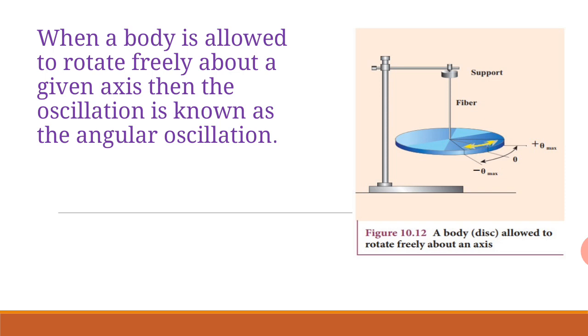This disc is allowed to rotate, and theta is the mean position. It will rotate by a positive amplitude as well as a negative amplitude, denoted by theta max and theta minimum. So the disc is allowed to rotate freely about an axis.